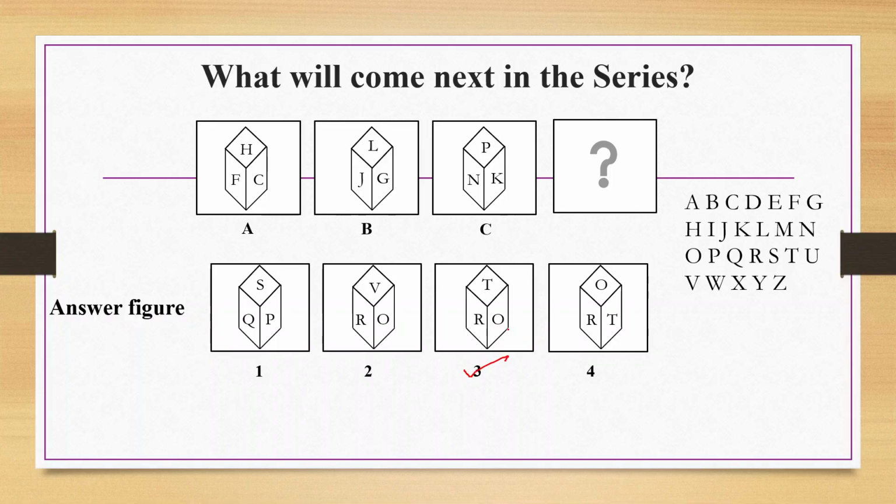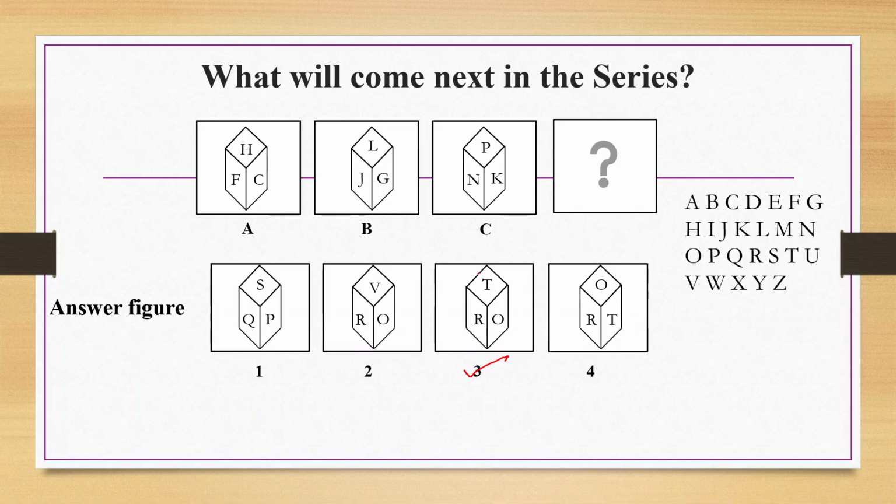Students, if you see option number 3 and option number 4, what is happening? Alphabets are the same, T, R and O, T, R and O, but their positioning is different. So you have to also take care of which face you are dealing with.